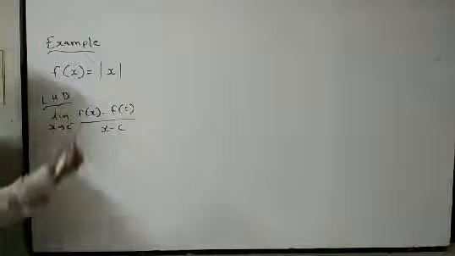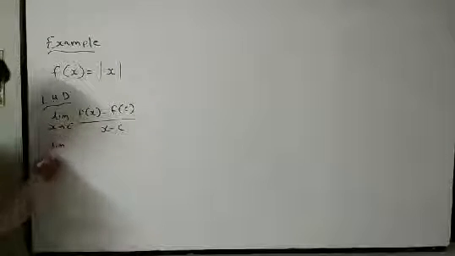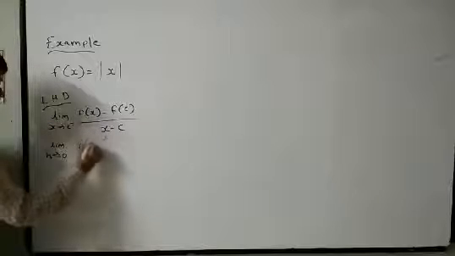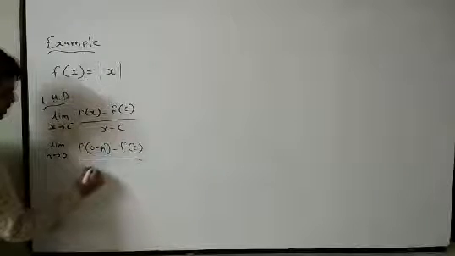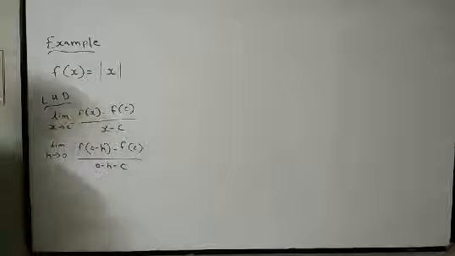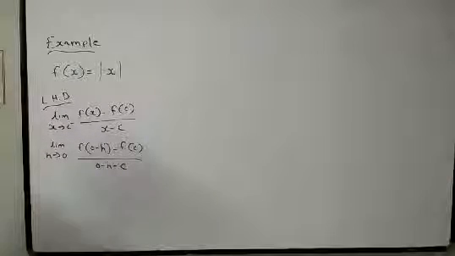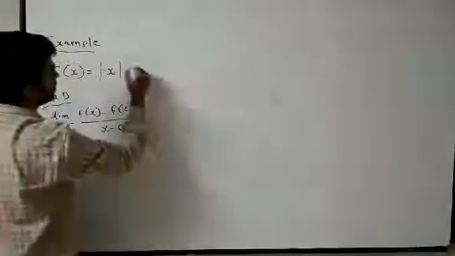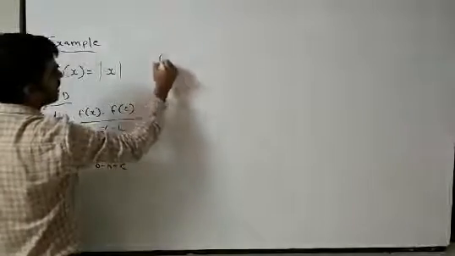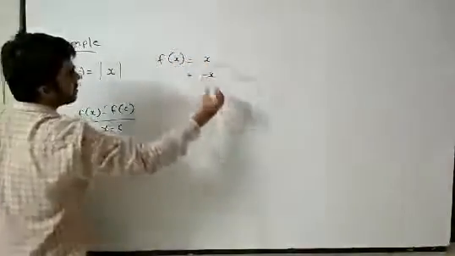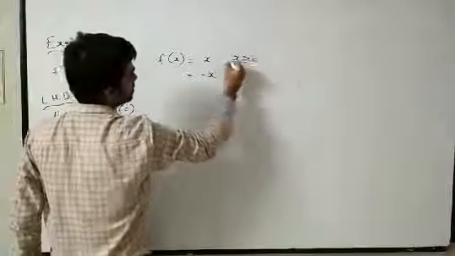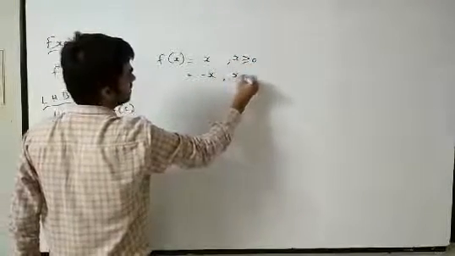Now generally we are taking x tends to 0. Clear? So this f of x will become f of 0 minus x, f of c will remain as it is, and x minus c will become 0 minus x minus c. Right? Now can we write this function as f of x is equal to x when x is greater than or equal to 0, and minus x when x is less than 0?